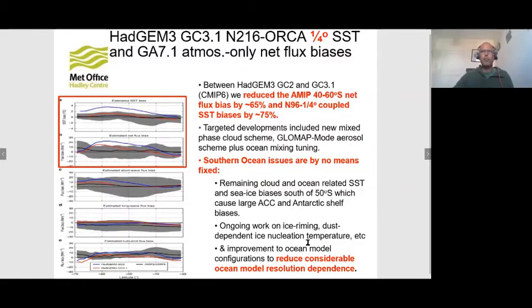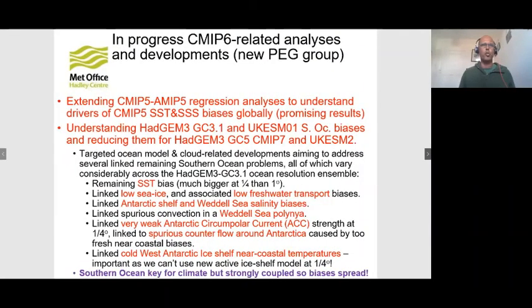Ice drying and dust dependent ice nucleation, as well as ocean model dynamic sensitivity work, so subgrid scale closures to try and reduce both the error, and what we see is a considerable ocean model resolution dependence in our resolution hierarchy of models.